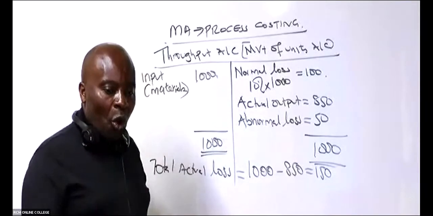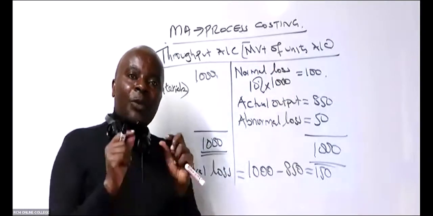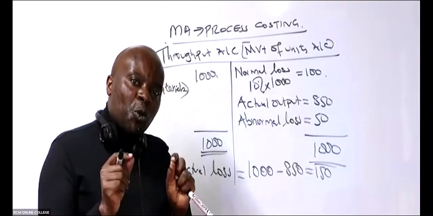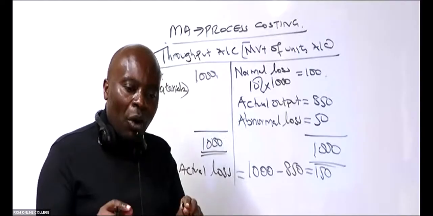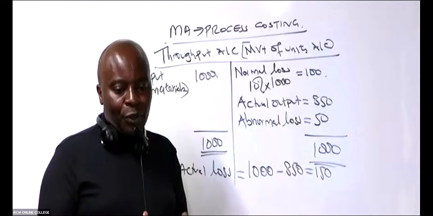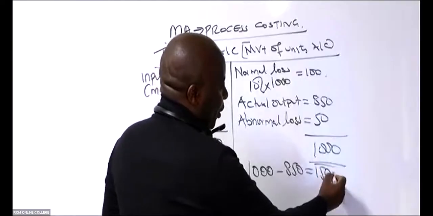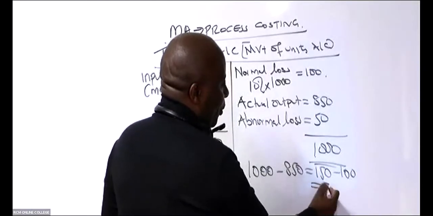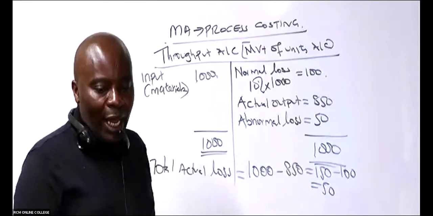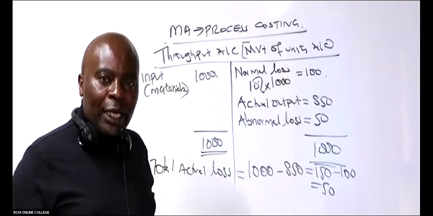And this total loss of 150 is more than the normal loss. Whenever the actual loss is more than the normal loss, you're going to get what we call an abnormal loss. The actual loss is 150 and the normal loss is 100. So if you subtract 100, we get an abnormal loss of 50, but we don't have to go that way at all.